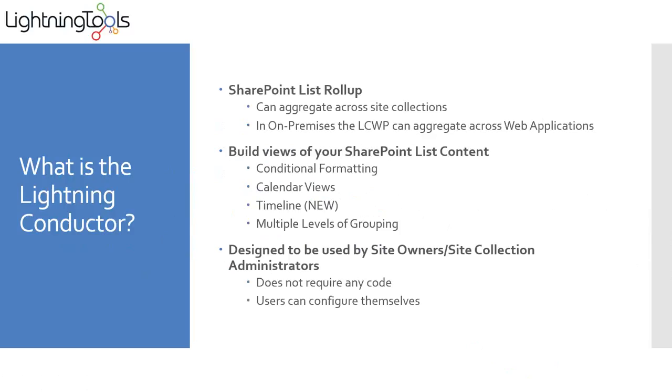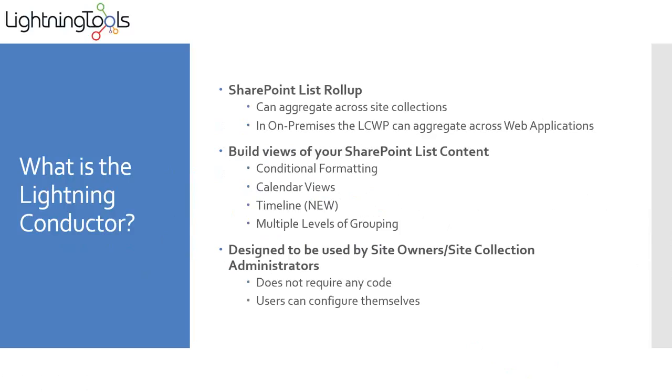So if we want to roll up tasks, we're probably going to want to know the start date of those tasks, so when we should actually start working, the due date, when the project has got to be completed by, and we also might want to know who the task is assigned to, so we can maybe filter on that and see what tasks are assigned to me, or tasks that I've delegated to somebody else. And we may also want to see the status of those tasks as well. Has it been started yet? Was it listed as a high priority task as well? Is something else that we might want to see.